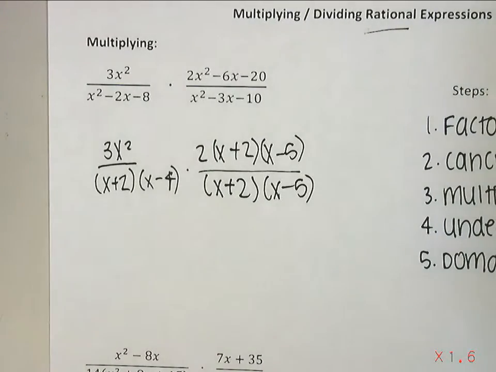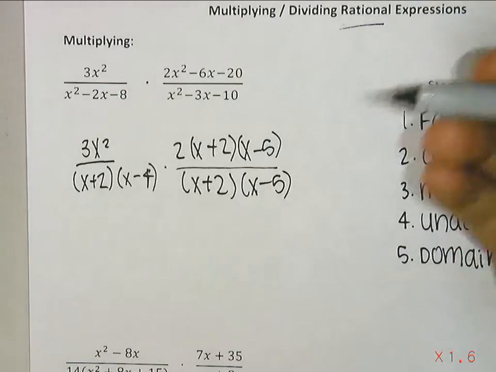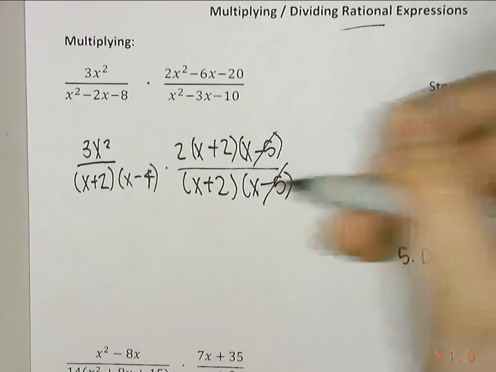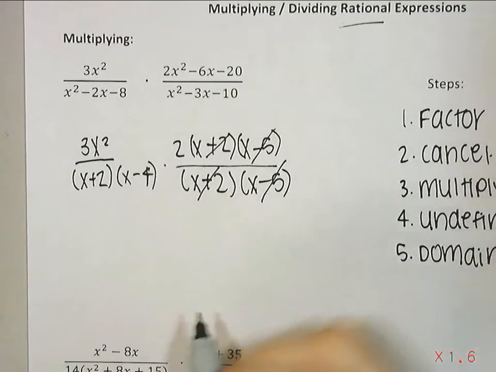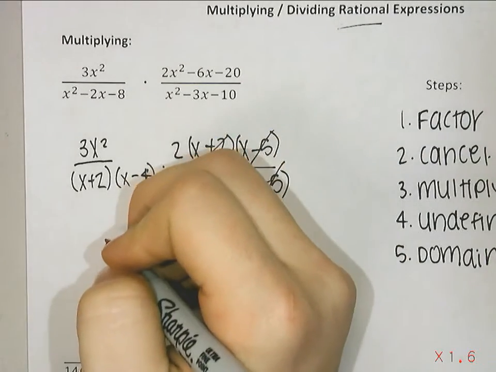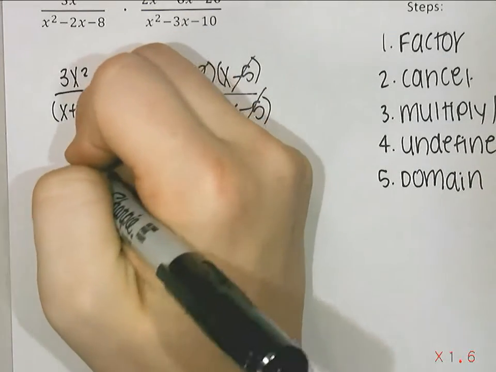Then step two is to cancel. If it's on the top and the bottom, that just equals 1. So you can just cancel those, and you can cancel these. That's the only thing you can cancel out of this one. Step three is to multiply or to combine the terms.